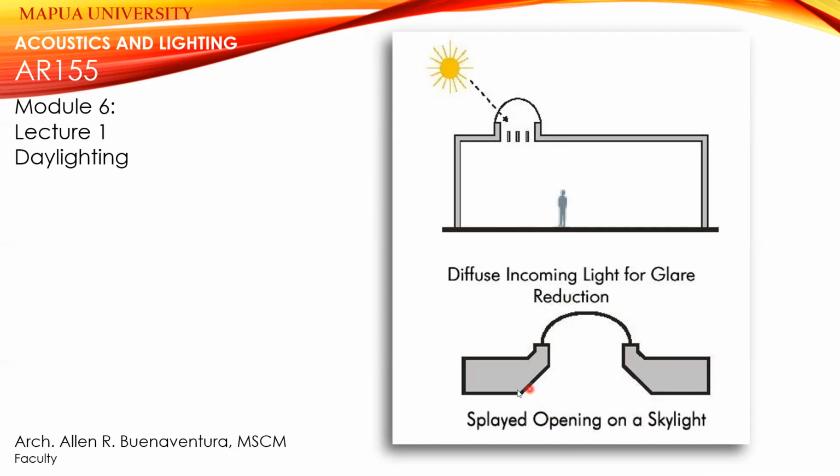You angle the window, the ceiling, so that the skylight will penetrate deeper inside the room. If this one is at 45 degrees, the skylight will be blocked by the 45 degree angle, as you can see.